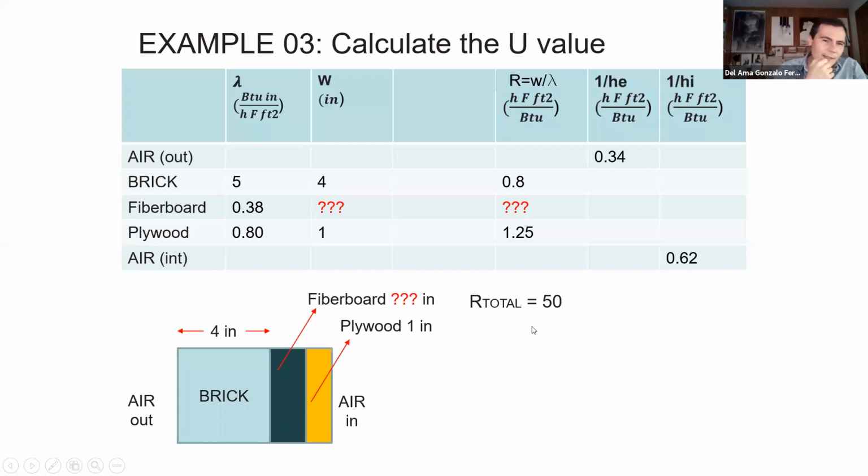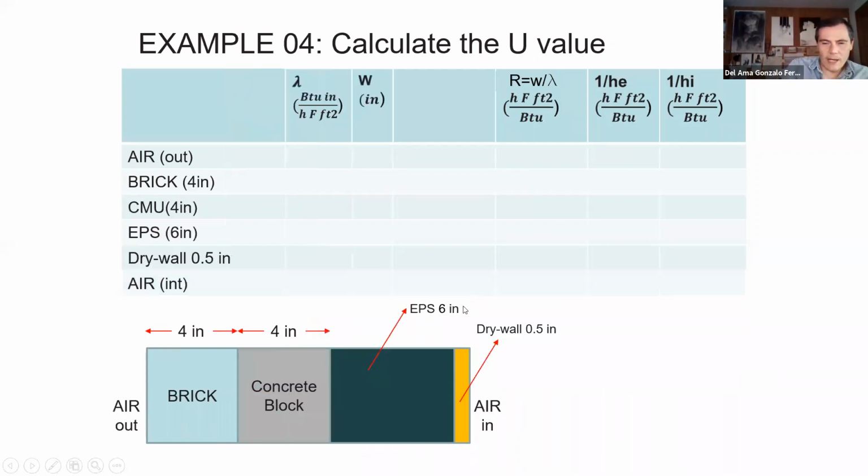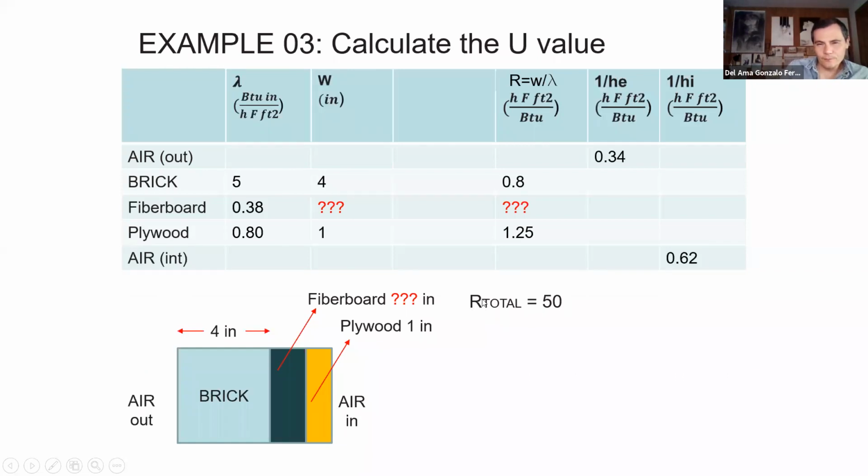But now we can modify the problem. I mean, it's the same, but we are going to solve this problem the other way around. Usually, we are limited by this value. So the R total of a wall should be 50.